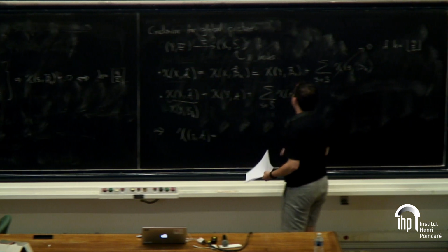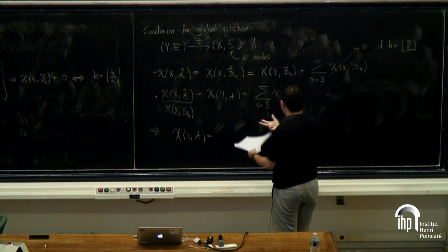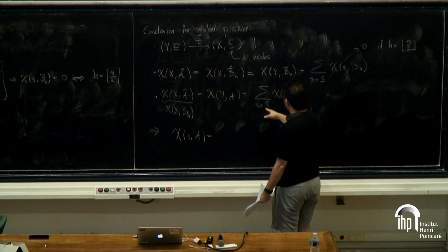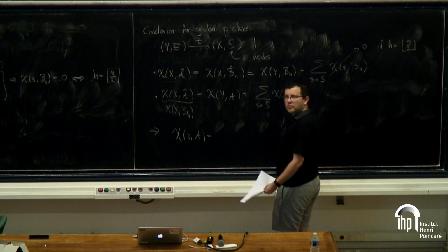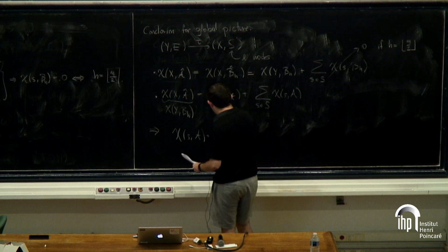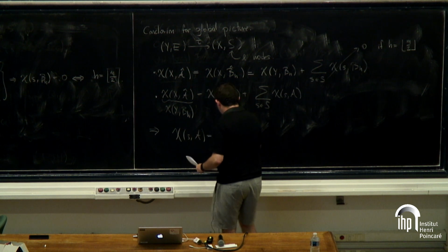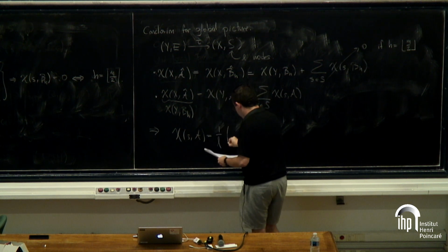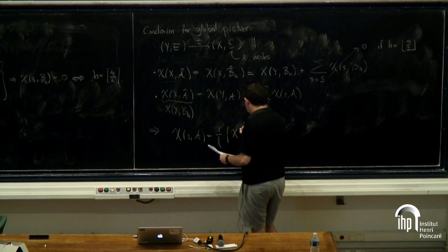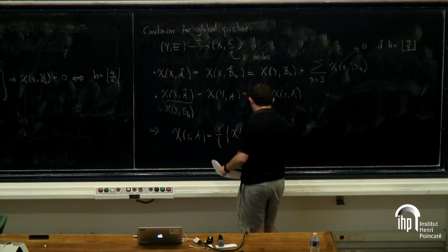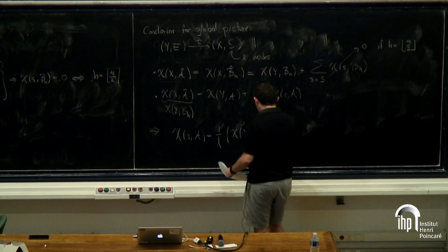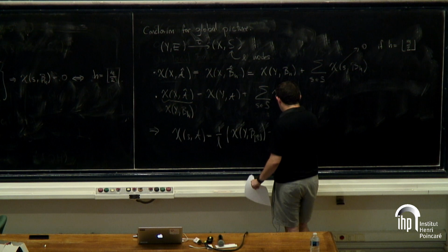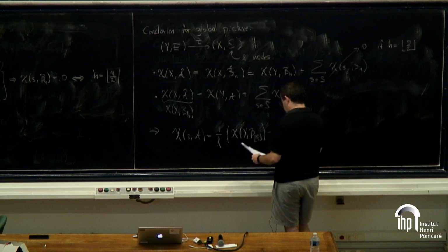So in our case these contributions are just the number of elements in S times these local contributions, and the number of elements in S is the number of nodes, which is L. When I put these two formulas together, I get that this is chi of Y B floor of m over 2 minus chi of Y A.